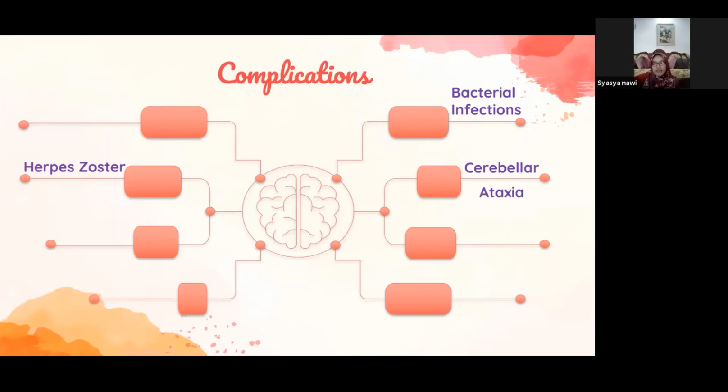Next is cerebellar ataxia and encephalitis. These two are well-described neurologic features, common complications of varicella in unvaccinated children. Then we have pneumonia, a severe complication of varicella that accounts for increased risk of morbidity and mortality in adults with varicella.